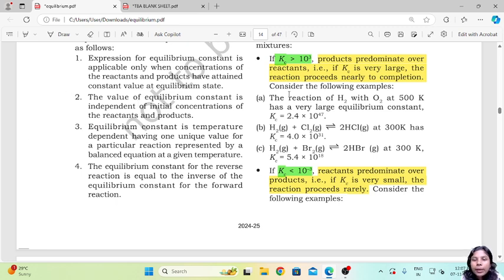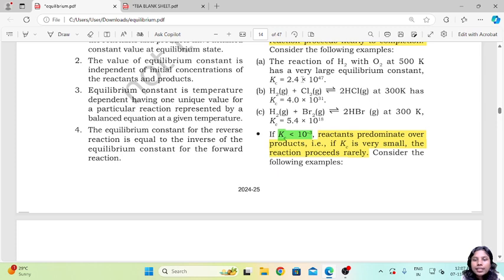Now some examples of this. Let's look at the first one, the reaction of H2 with O2, hydrogen gas with oxygen, at 500 Kelvin. It has a very large equilibrium constant of 2.4 into 10 raised to 47, which is quite high. So here we can say that all of the H2 and O2 have reacted to give us the products.